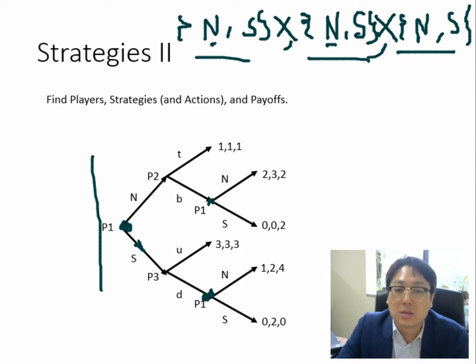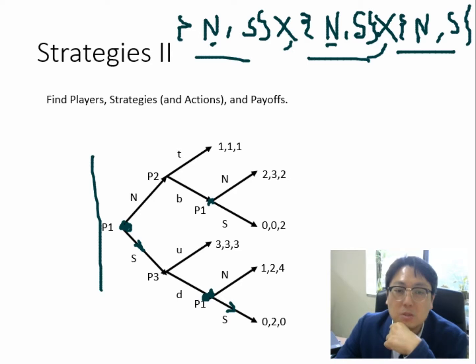But still the first player will not know. But anyway, if this node is reached, let's say that player 1 will choose S. That is the first player's action or plan. Likewise, if the first player chose S, there's no chance that this node is reached, right?